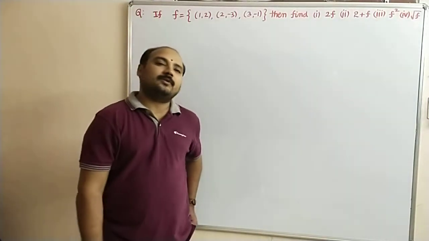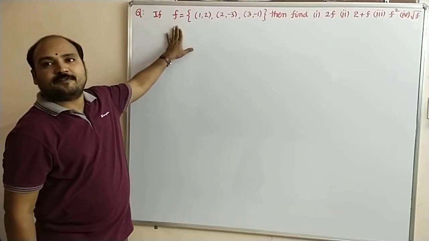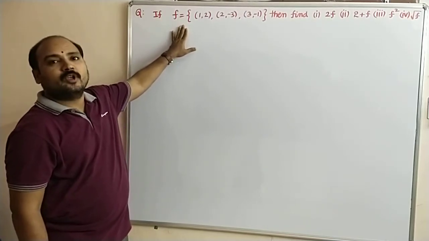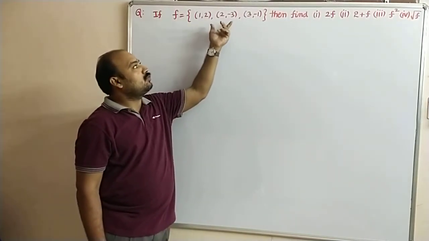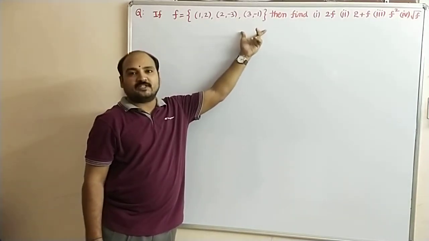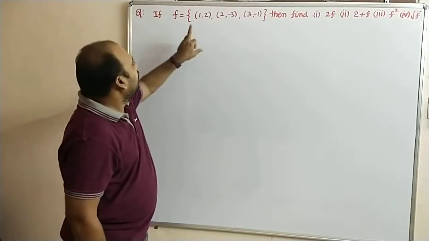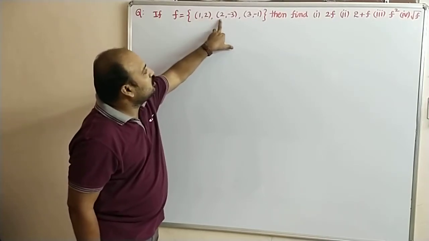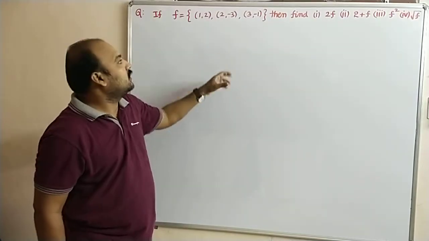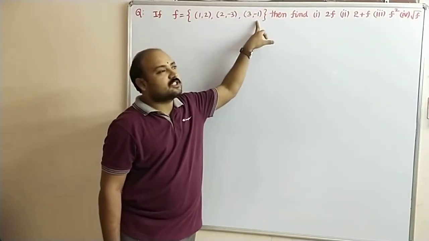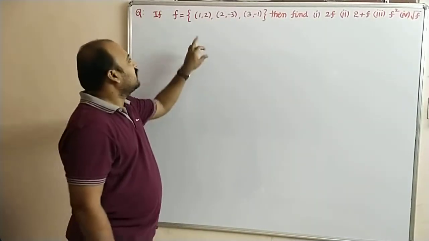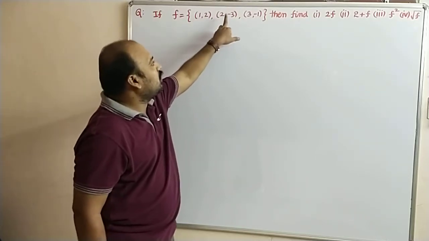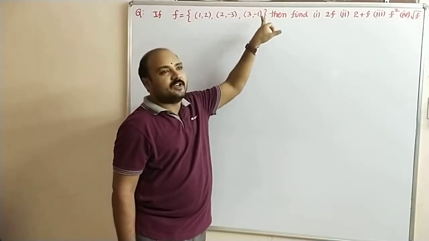The next question. If f is defined as f equal to, here ordered pairs are there, (1, 2), (2, minus 3), (3, minus 1). That means f of 1 is equal to 2. 1, 2, 3 belong to the domain. 2, minus 3, minus 1 belong to the codomain. f of 1 is equal to 2, f of 2 equal to minus 3, f of 3 equal to minus 1.